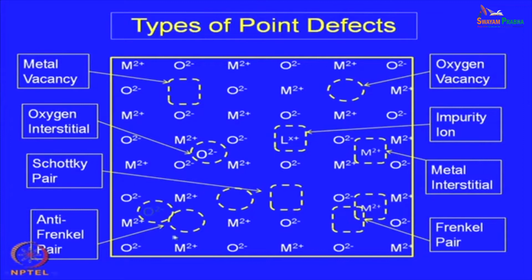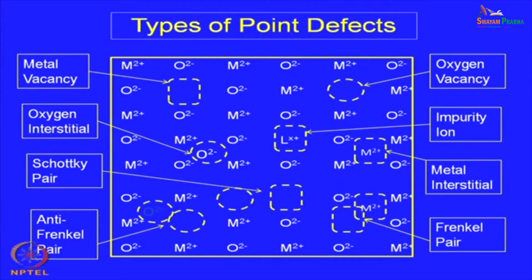So, these are the different kinds of possible point defects which can occur in some of the ideal crystals of any type, whether it is a high temperature material or a low temperature material, it does not matter. These kinds of things do occur all the time. It is in fact thermodynamically a stable situation to have defects in solids.